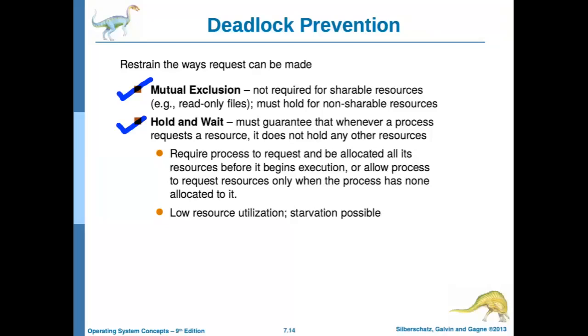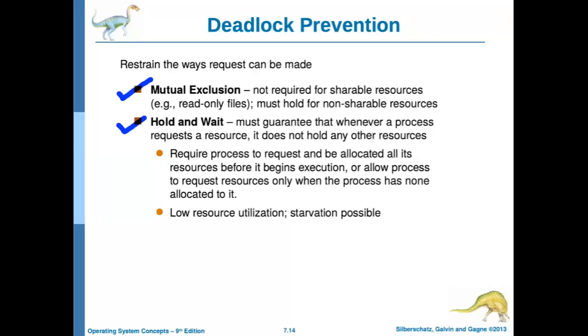What happens is, if any process needs 3 resources, before it begins its execution it will try to get all the resources. So if 3 resource types are required, it will request 1, 2, and 3. And if all 3 are available, then it will start its execution.